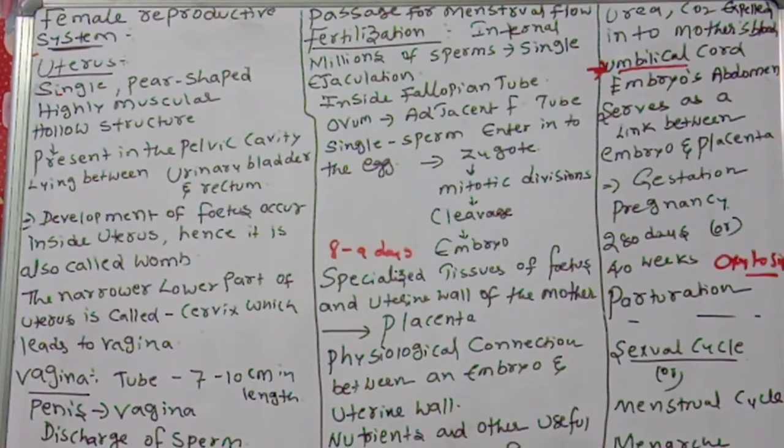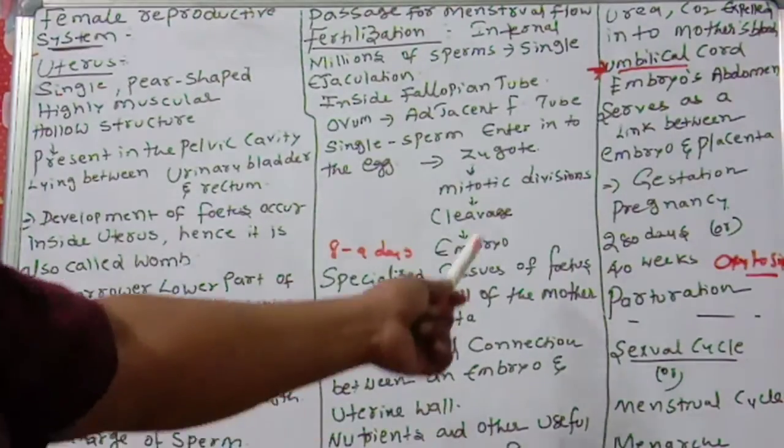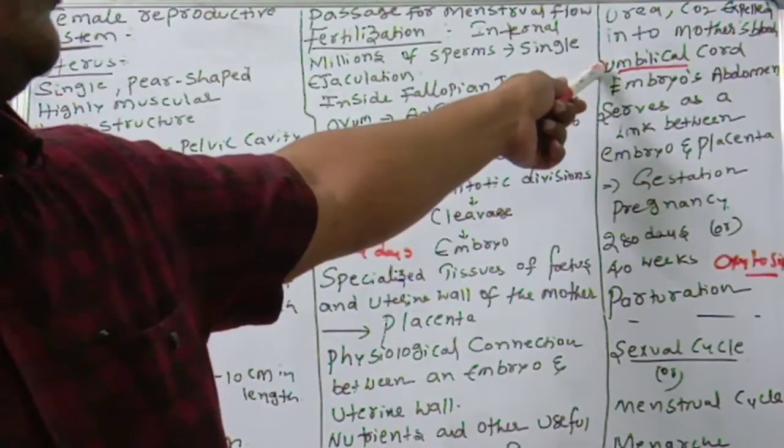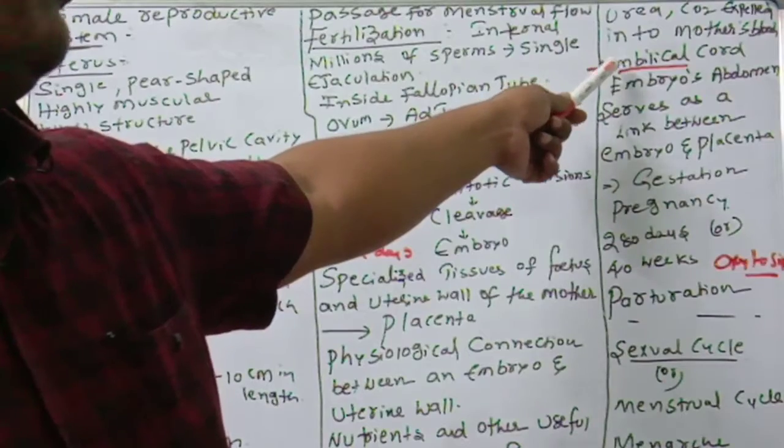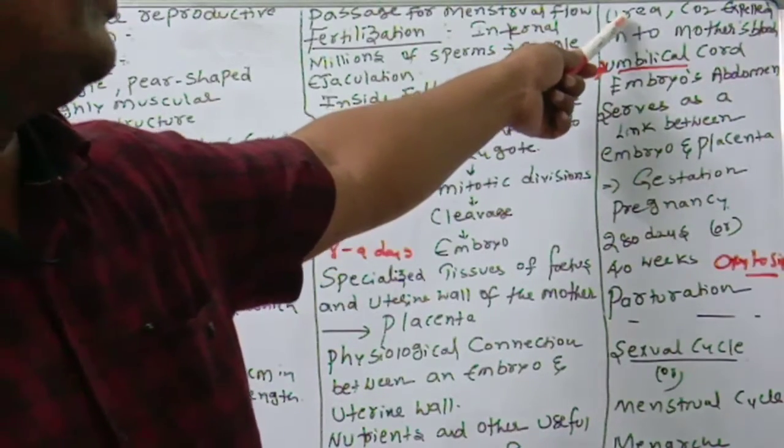So what are the neat bits here? What is the length of the vagina, and what is the function of the uterus? After how many days will the placenta form, and what is the function of the placenta?